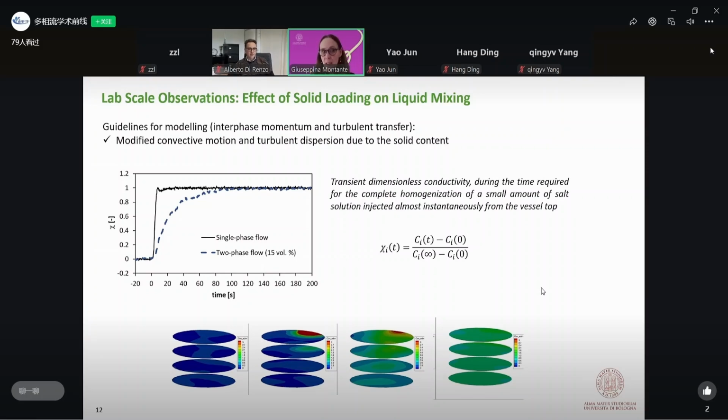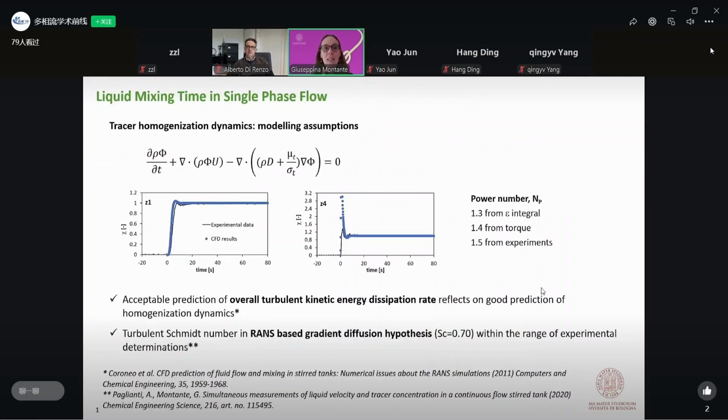This is a feature that depends on turbulence again. So if we want to reproduce by computation this experimental observation, we need to solve a transient scalar transport equation, where we have again a modeling requirement due to the fact that the turbulent dispersion of the tracer depends on the turbulent diffusivity that we need to model.